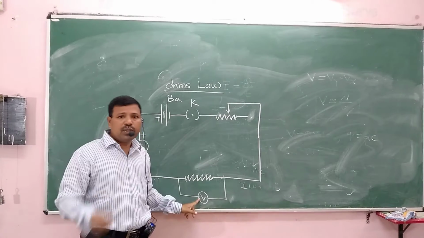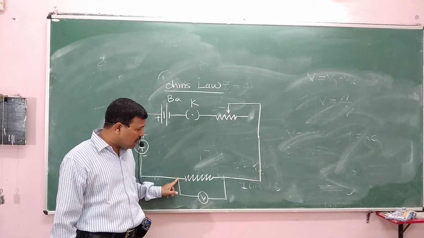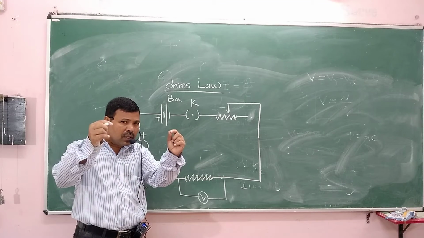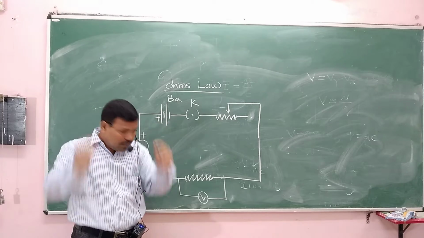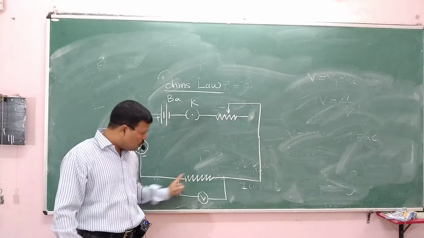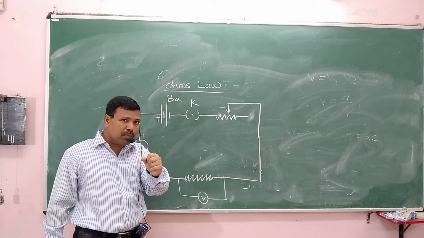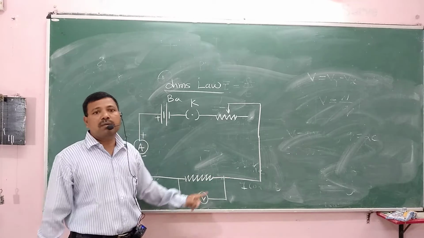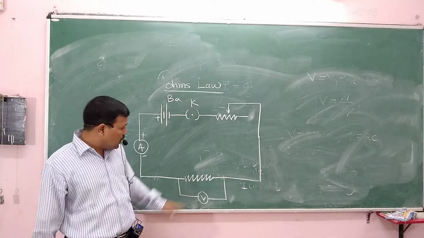But to measure potential difference, the voltmeter should be connected parallel, because potential difference can be measured at 2 points. So 2 points are required. At 1 point, you cannot measure potential difference. Therefore, this voltmeter should be connected parallel to the conductor.